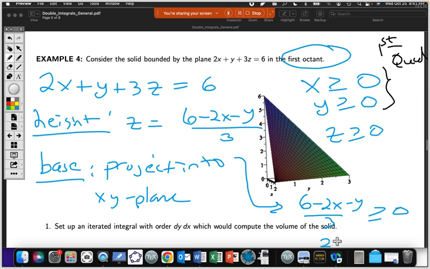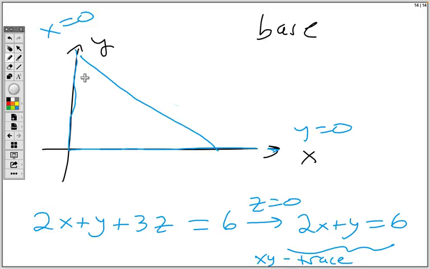So I would actually get 2x plus y less than or equal to 6. So I would be getting this for my region R. So we'd have an x-intercept at 3, y-intercept at 6, and then of course we got the zeros there. So there's what R should be. Okay. Any questions on how the algebra can be used to help us figure out what the base is?